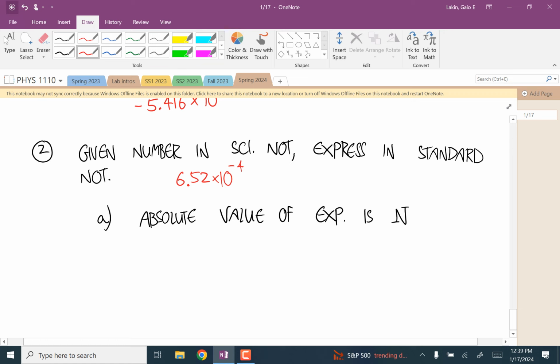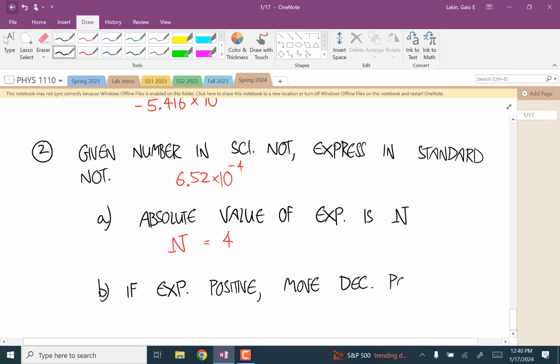The absolute value of it is 4, so N is equal to 4. And then second, if the exponent is positive, then move the decimal point N places to the right.